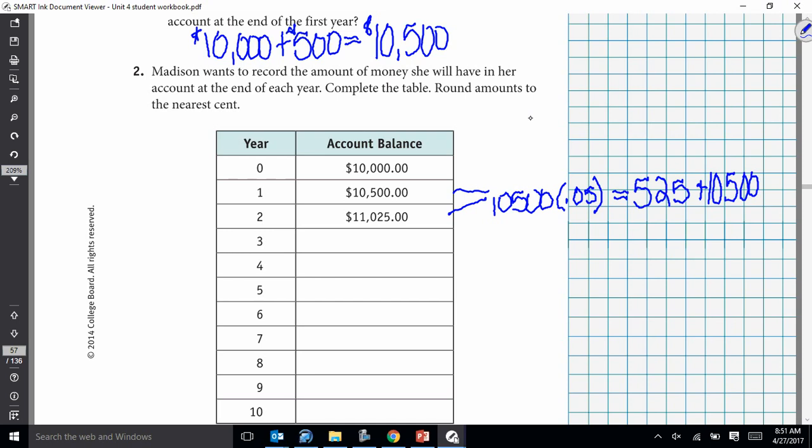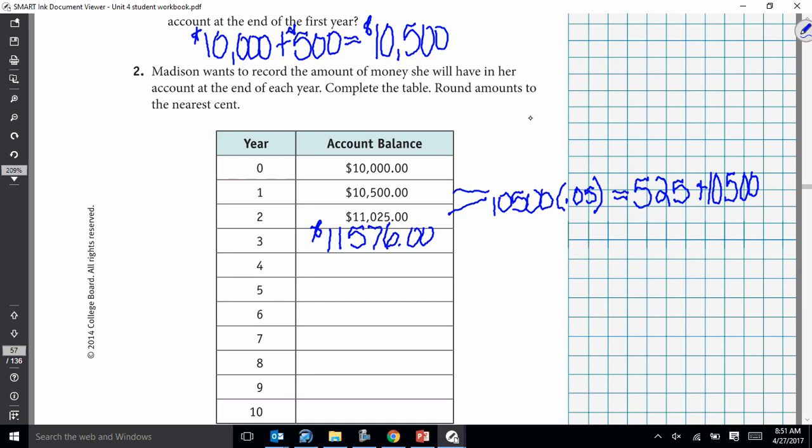So how much will we have in year 3? So 11,576. Alright, so then we're going to take this amount and we're going to add the 5% interest to it. So is it going up the same amount each year? Alright, is it increasing more or less each year? Right, so each year, as we have more money in there, we're getting more interest, right?